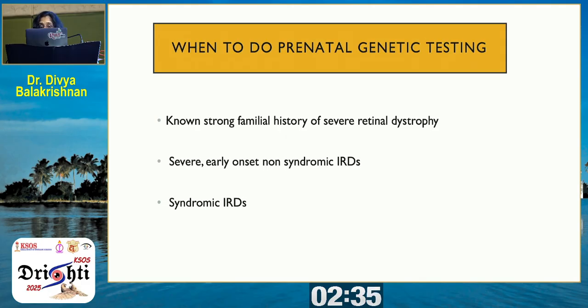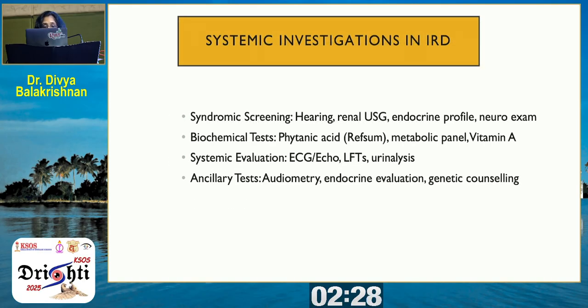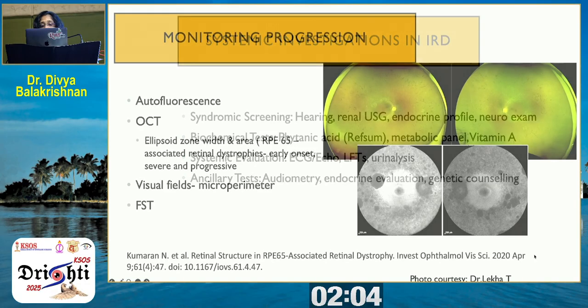When there is a strong family history of a very severe retinal dystrophy, or the dystrophy is severe and early onset, or in cases of syndromic association. And for systemic investigation, as I already mentioned, when there is a syndromic association, you need to look accordingly: whether an audiogram has to be done, or an ultrasound abdomen, then endocrine profile, metabolic abnormalities and the biochemical tests related to that, cardiac evaluation, all depending upon the systemic involvement that you anticipate in these cases.